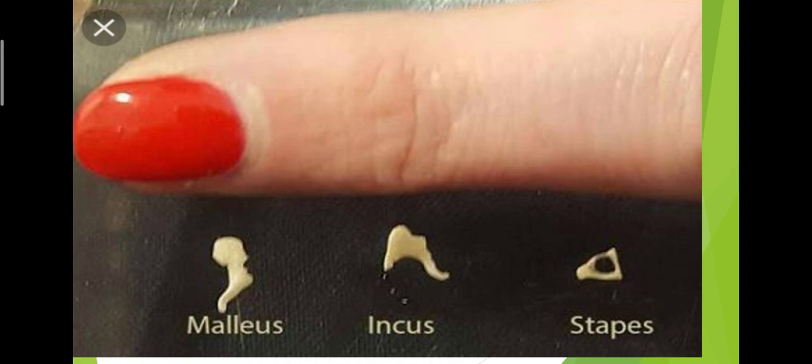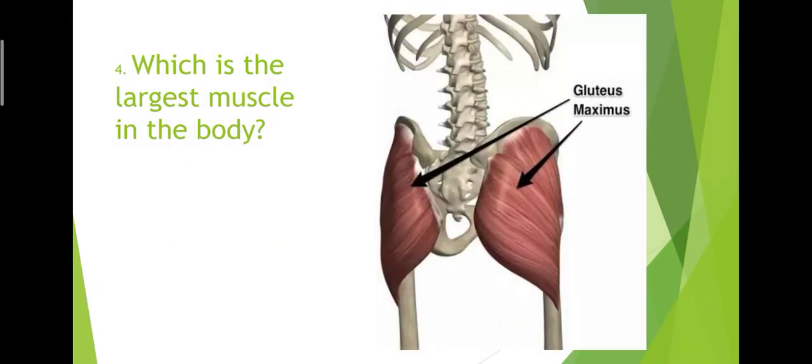Very nice, children. Now let's move on. Let's talk about the largest muscle in our body. Children, gluteus maximus. Gluteus maximus is the largest muscle of our body. It is located at the back of the hip.